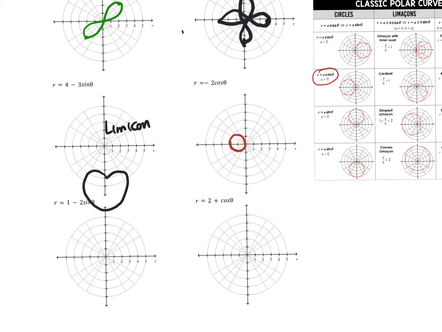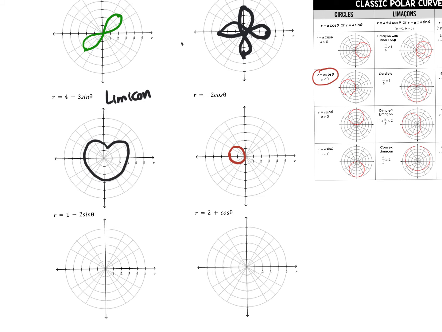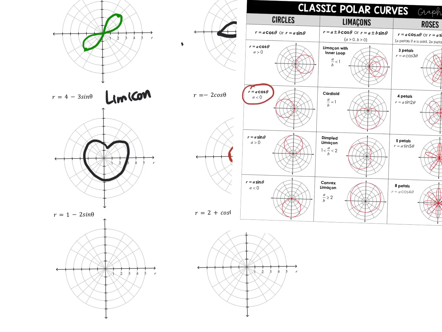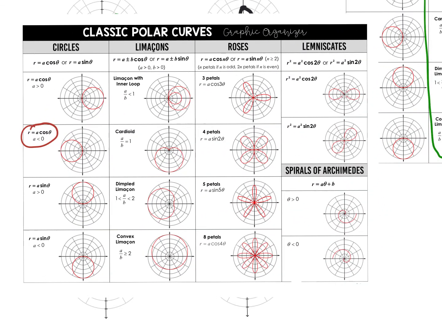So let's look at the last couple. We have r equals 1 minus 2 sine theta and r equals 2 plus cosine theta. So let's see if we can find 1 minus 2 sine theta on our chart over here. So we have a number minus a number sine, and if I do the ratio a over b, which is the number in front, 1, over the number in front of the sine, which is 2, I get one half.